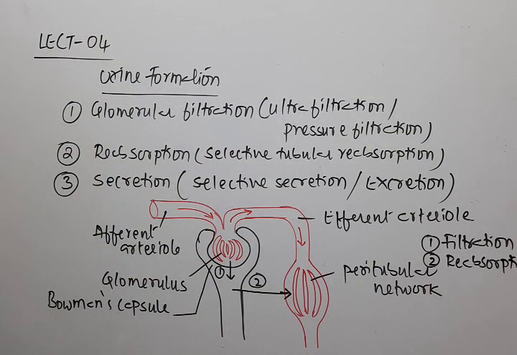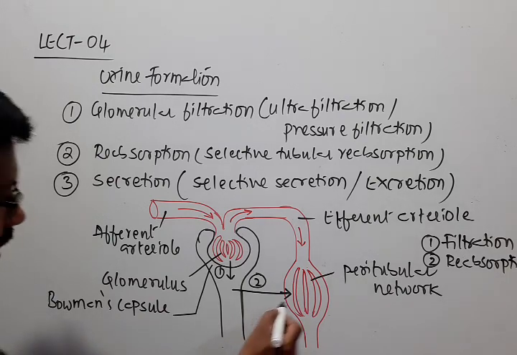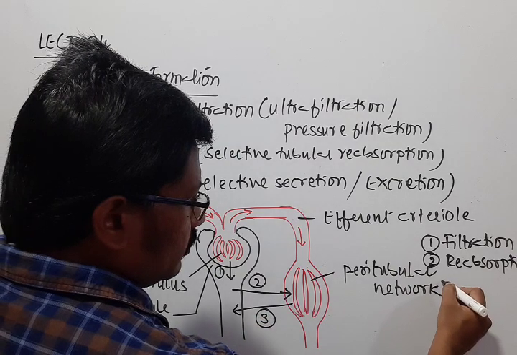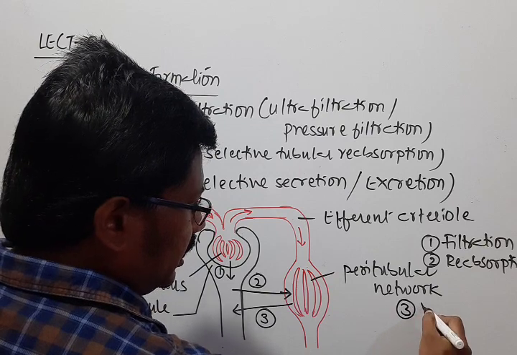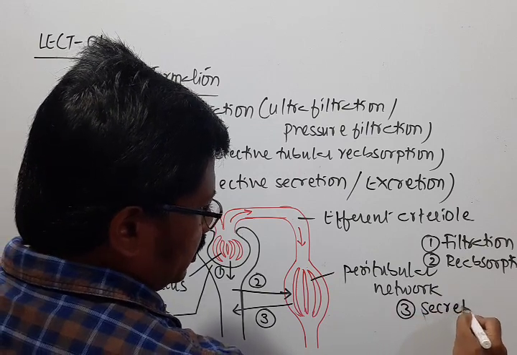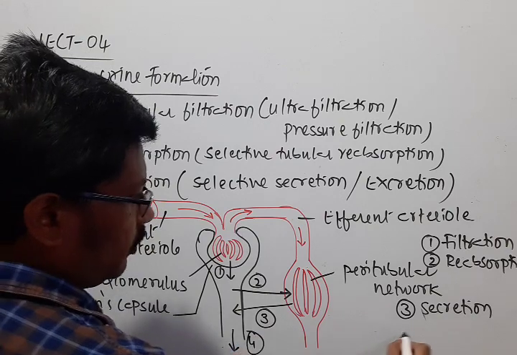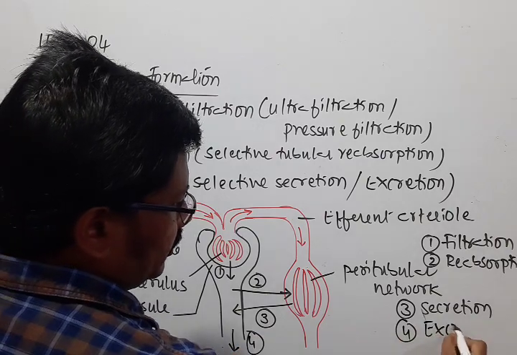Then from the peritubular network you can see the release of certain substances, and this is what we call secretion. That is the third one. And whatever is leftover and passes down is the fourth, what I call excretion.